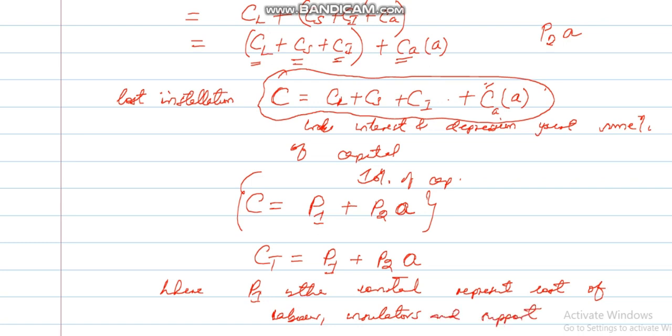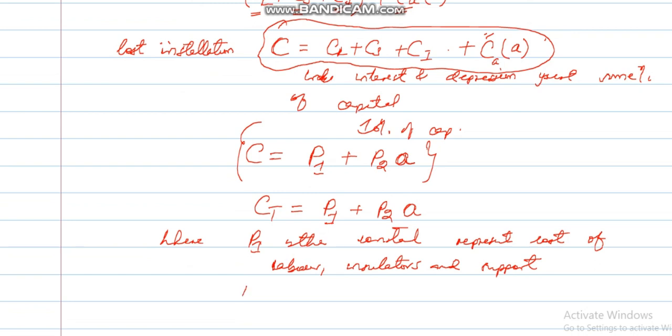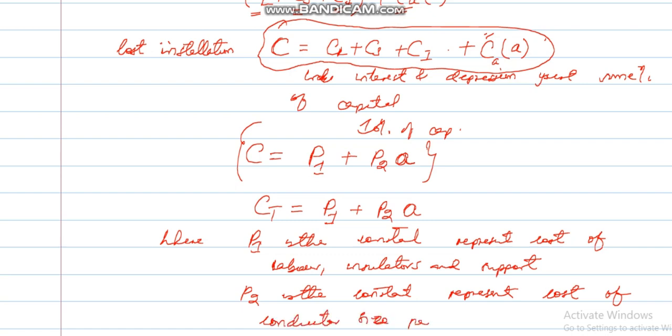Okay, and P2 the constant also, I'm going to represent cost of conductor size per unit area. Kwa ukichukua cost of conductor per unit size times area unapata total cost of conductor.